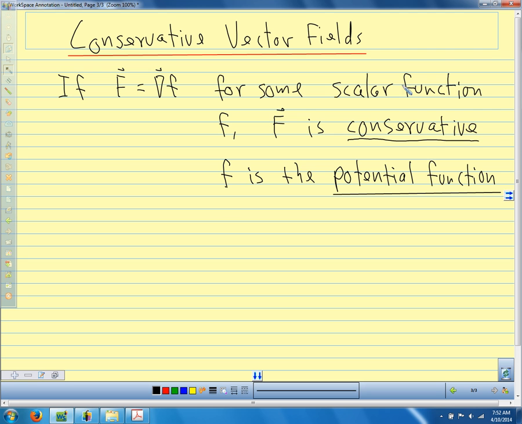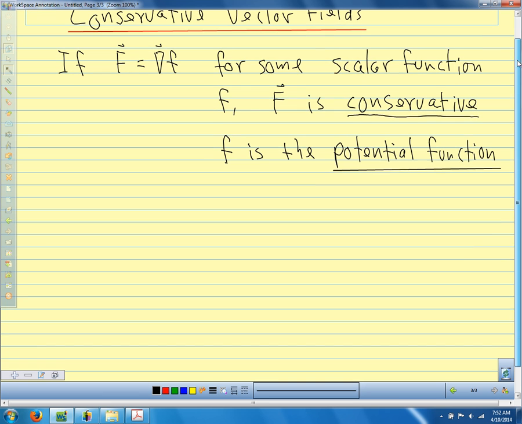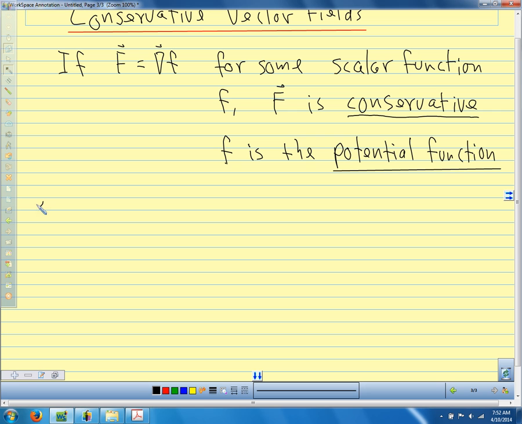All right. So a quick, easy example. Say we have f of x, y equals 3 sine 3x cosine 4y, and the question asks us to find the conservative vector field for this potential function.